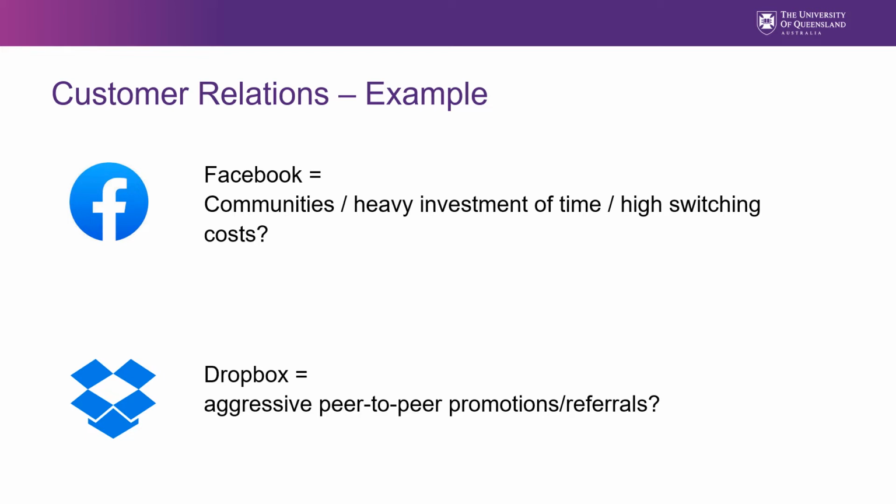This means that there are high switching costs for them to leave the platform. Dropbox uses aggressive peer-to-peer promotions and referrals. As part of your business model, have you thought about how you can innovate with your customer relationships? You need to think about within your business, how you can innovate, or maybe even within your industry.